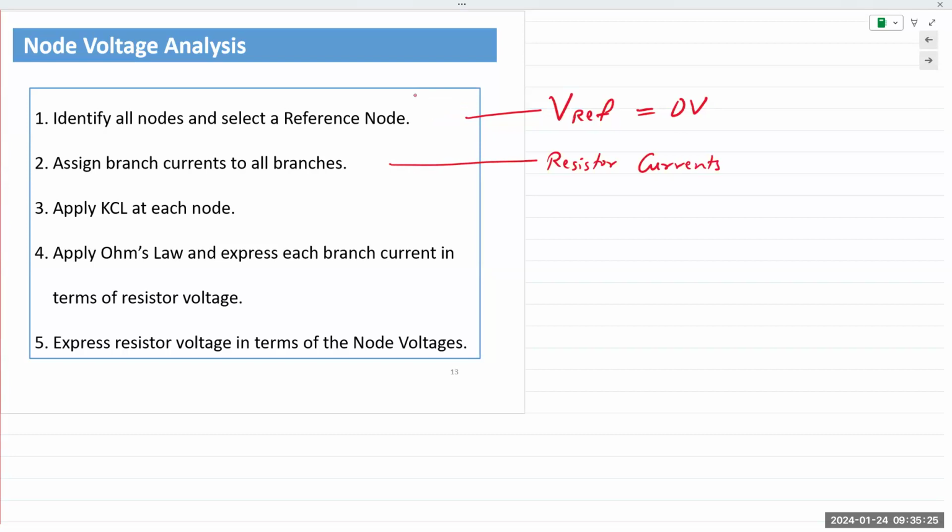And you apply KCL at each and every node. Well, when I say each and every node, depending on how many variables you have. Then apply Ohm's law and express each of the currents in terms of the voltages.